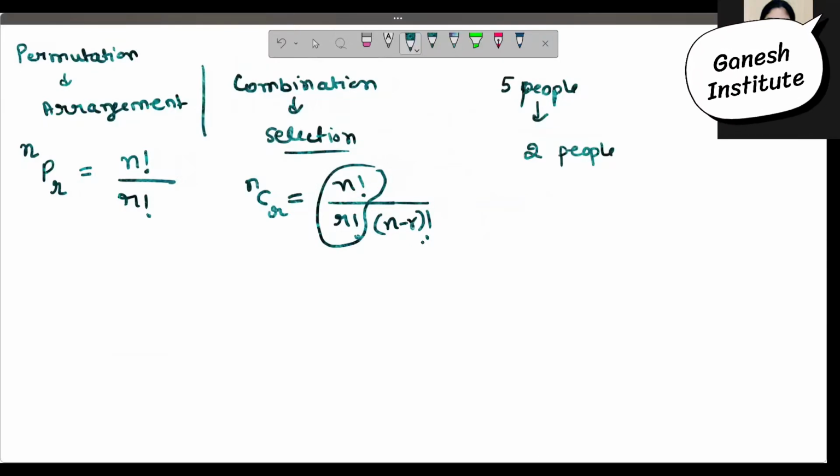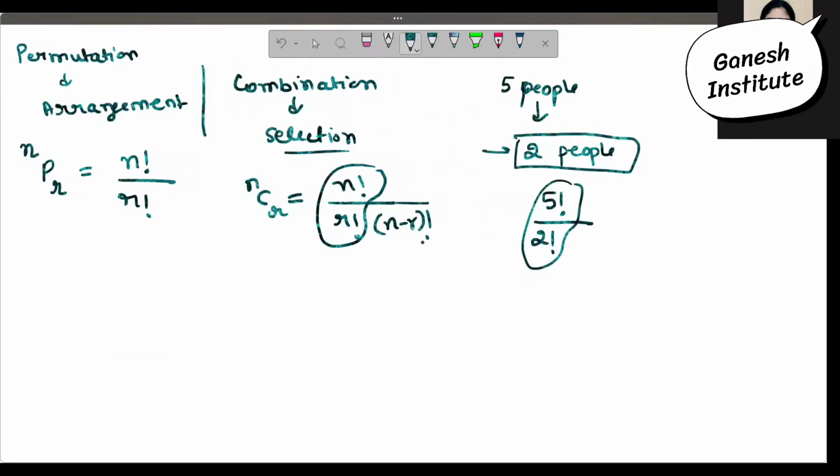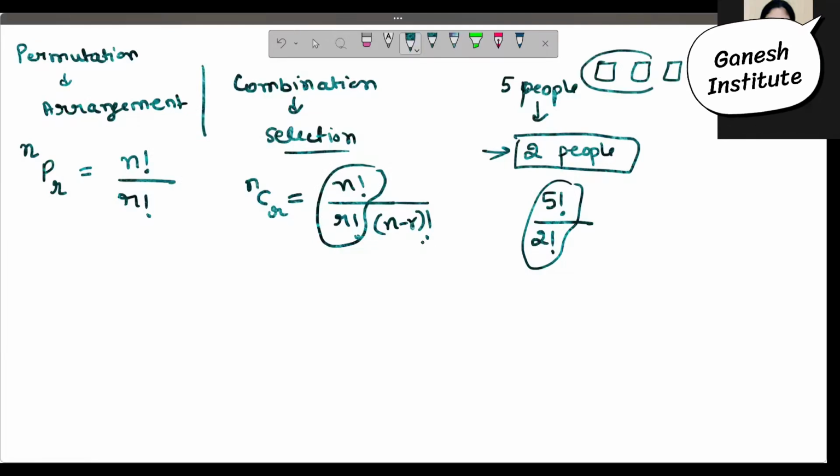If you have 5 places, you only want 2 of them to sit, but order matters, whether they are sitting together, or sitting here, or here. That arrangement of 2 people will give you 5 factorial over 2 factorial.